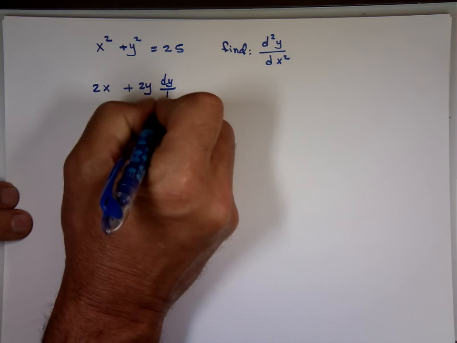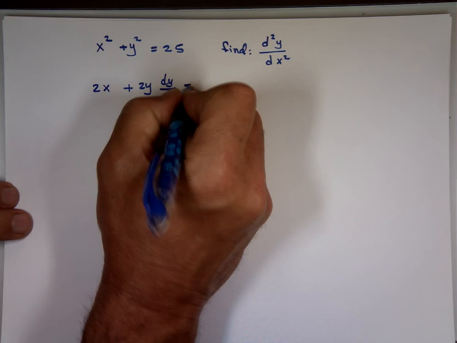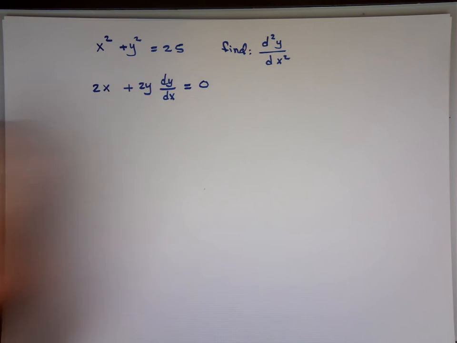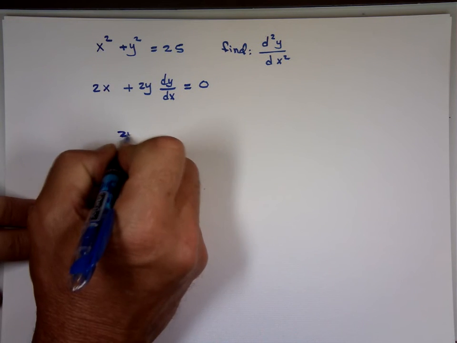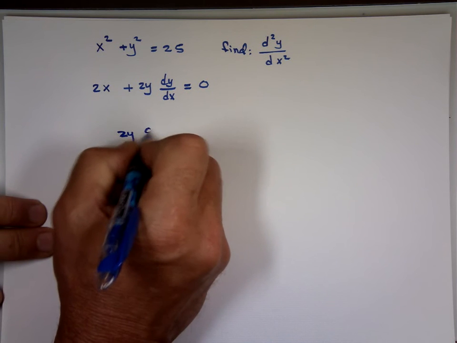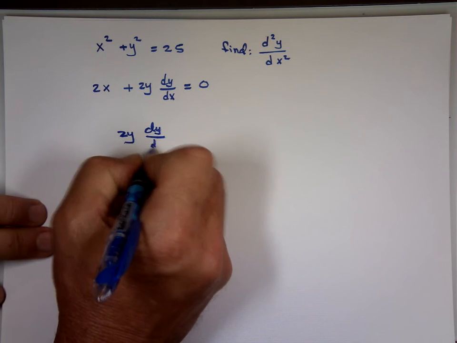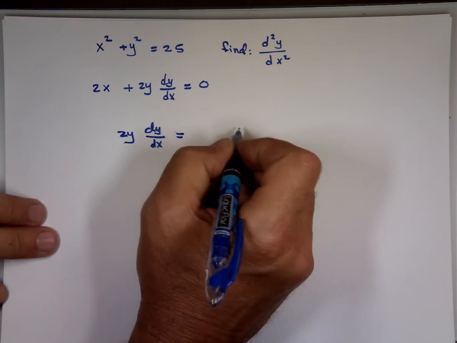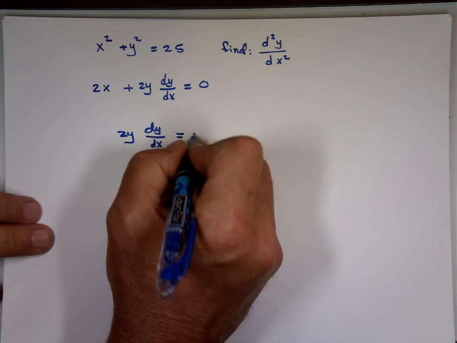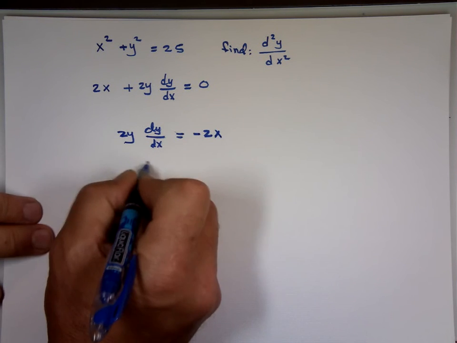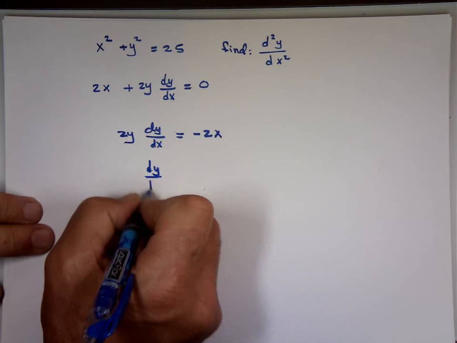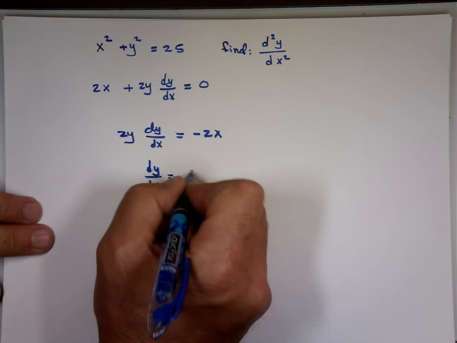And the derivative of 25 is 0. That equals negative 2x over 2y, or dy/dx. If you divide them, that's negative x over y.